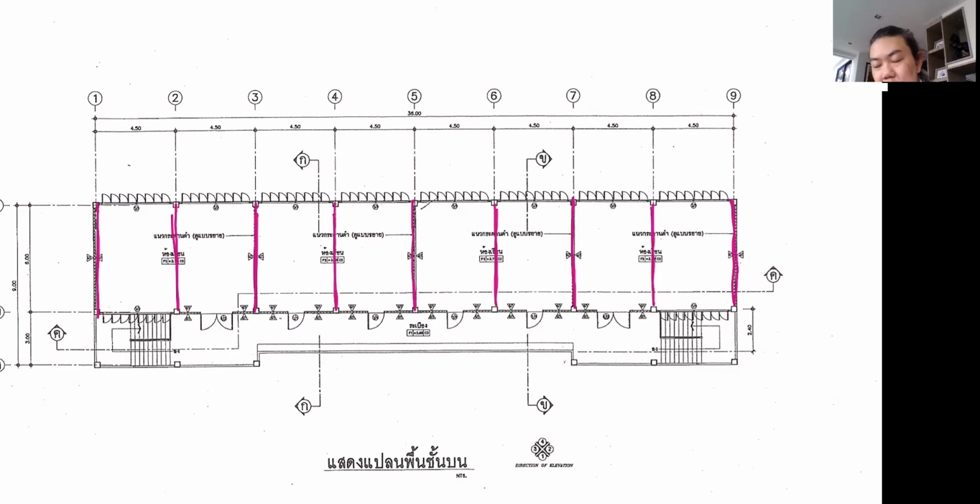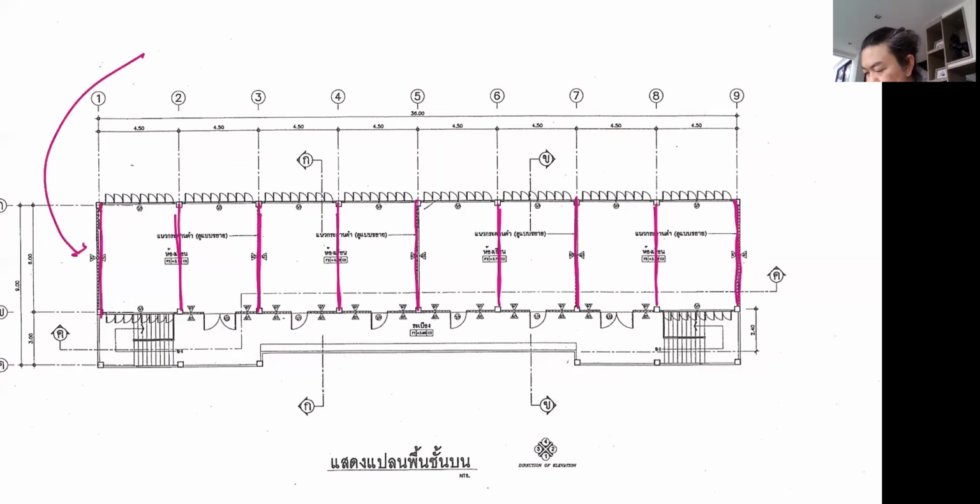And all these beams are horizontally braced by the floor. So you need to check the loading conditions first, right? See how different they are, because the span length are the same.